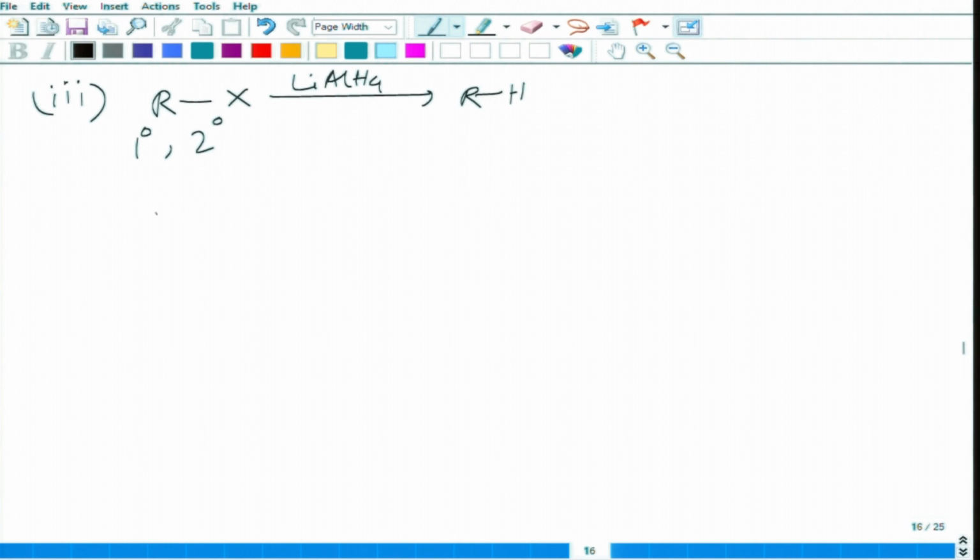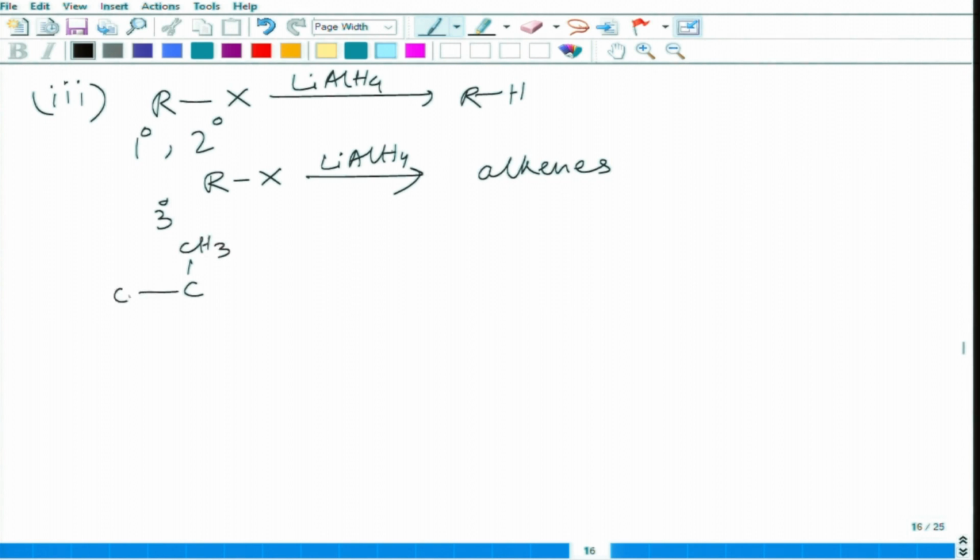For tertiary alkyl halide, this converts tertiary alkyl halides to alkenes. Let's say this is a tertiary alkyl halide.